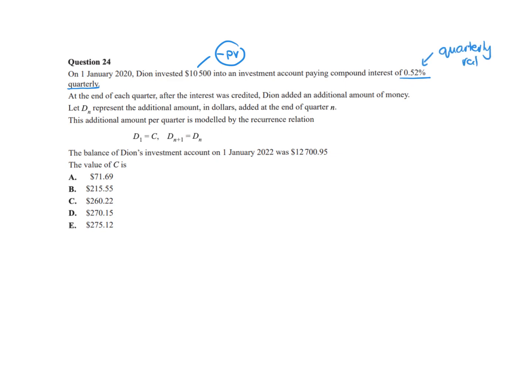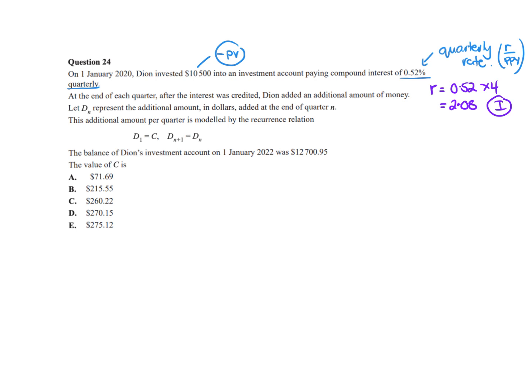The quarterly rate is actually the R divided by the PPY. So if I was trying to find the actual per annum rate, I'm going to do that quarterly times 4. So that equals 2.08. And I have to be careful because that's my I on Finance Solver in case I need it.